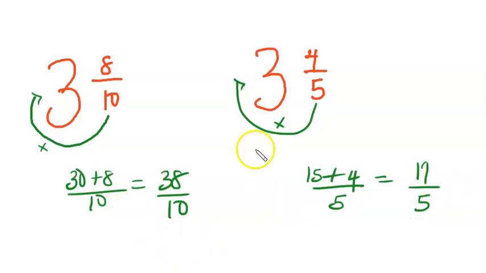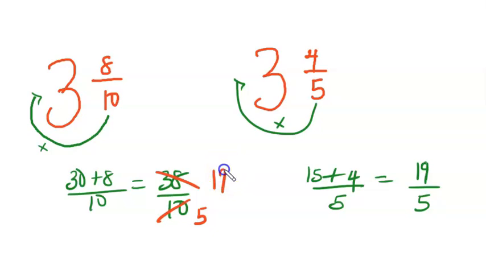So let's see why these two are the same. As improper fractions, we can also simplify them to their simplest form, right? So let me simplify this, 38 over 10. Let's think of a common factor. 2 can go into 10 in 5 places. Because they are both even numbers, we can use 2. 2 can go into 38, 19 times.